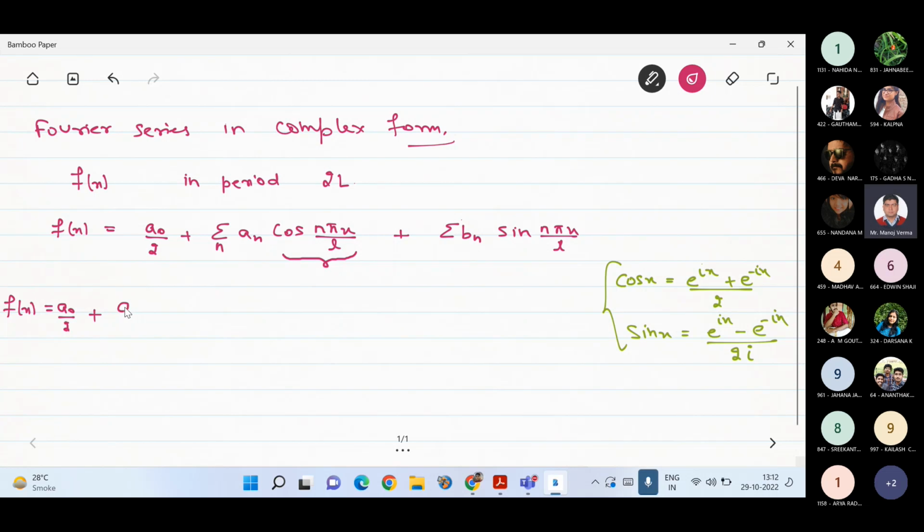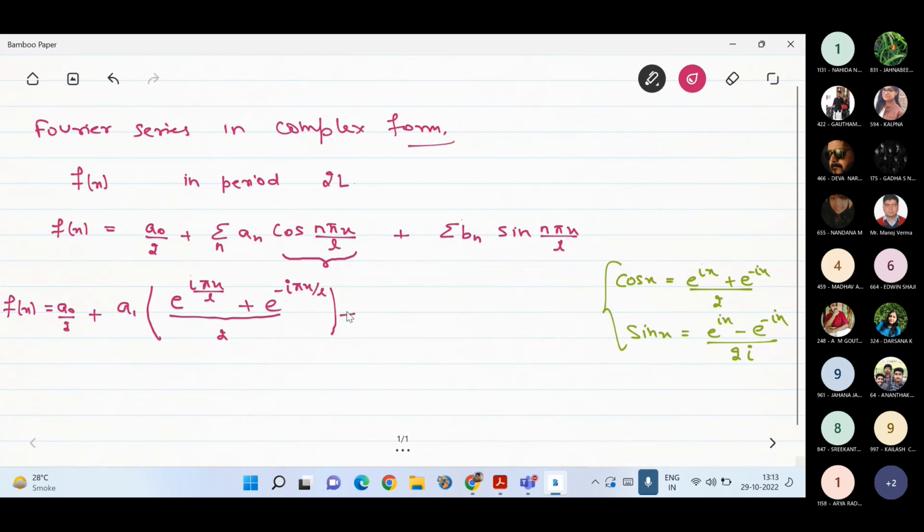Let's say a1 and cos pi x by L. For the first term n is 1, so my argument of the cosine function is pi x by L. So this cos function can be written as e raised to the power iota pi x by L plus e raised to the power minus iota pi x by L divided by 2, right?